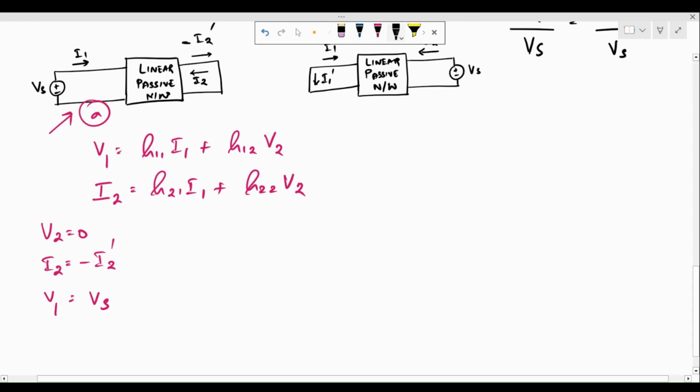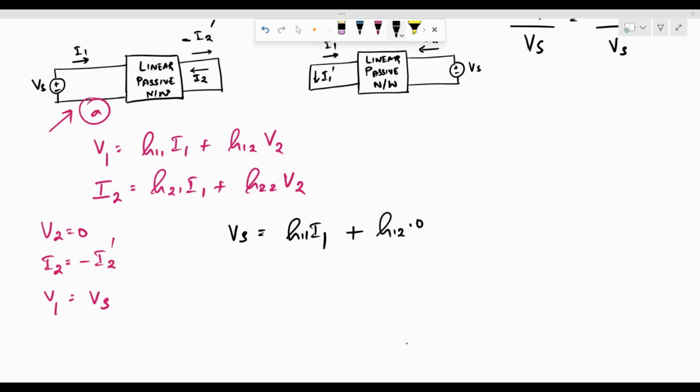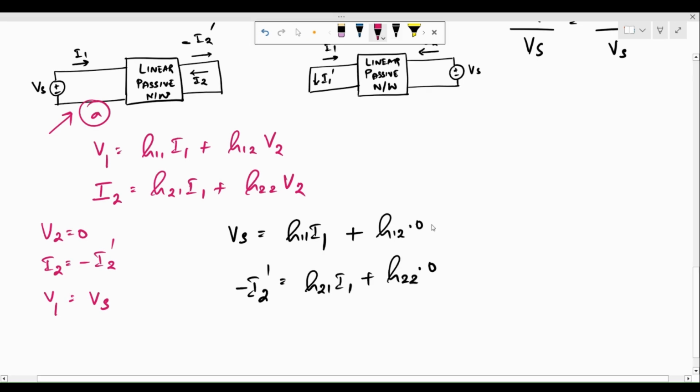So here we see that Vs is equal to H11 I1 plus H12 into 0. And when we incorporate these conditions into the equation for I2, we see that minus I2 dash is equal to H21 I1 plus H22 into 0. Now, our aim is to obtain the ratio I2 dash by Vs from this.